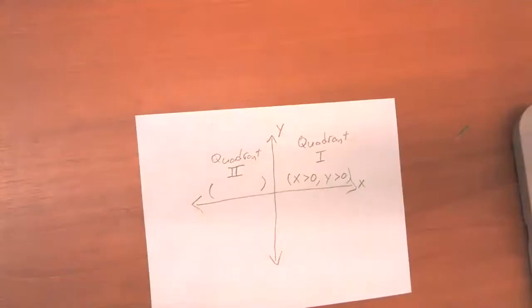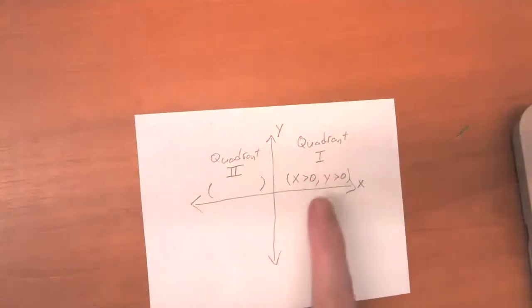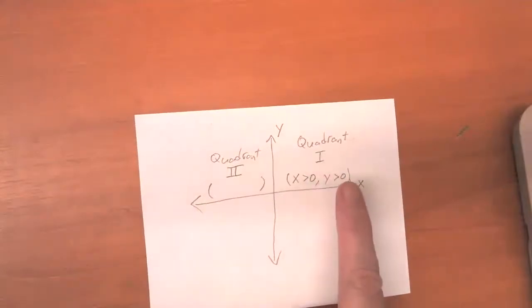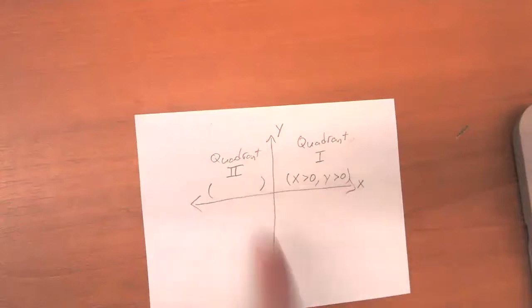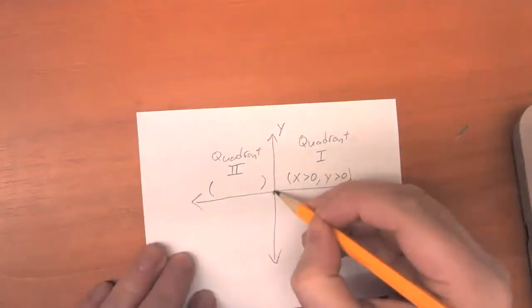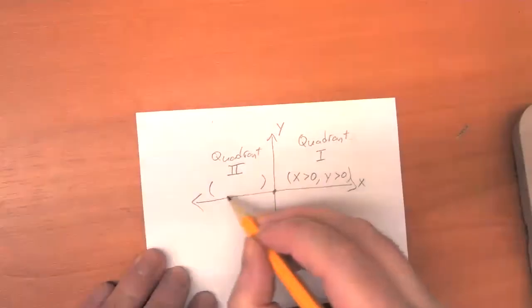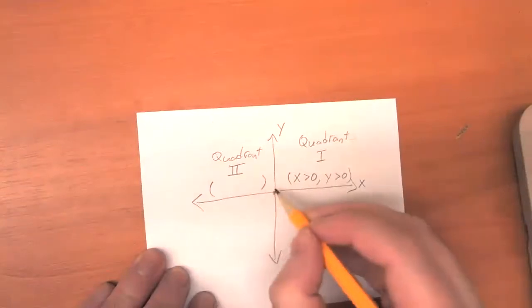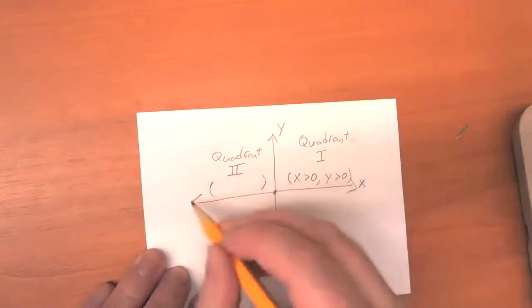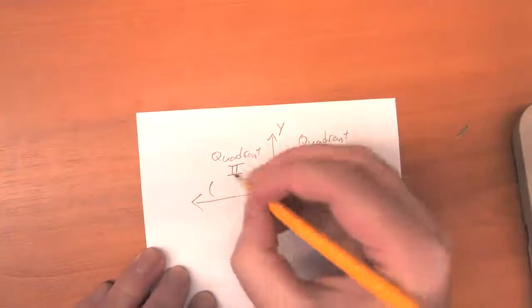In Quadrant 2, how do our x and y values change here? In Quadrant 1, we had positive x values and positive y values. How do the x and y values in Quadrant 2 differ? Well, this time when you start from the origin, you're moving to the left to start out. So we're working towards the negative numbers on this original number line.